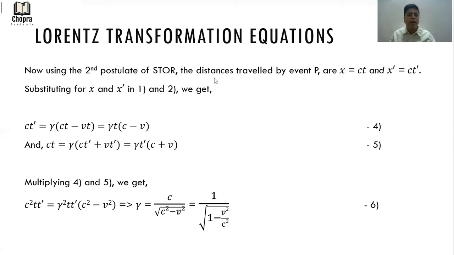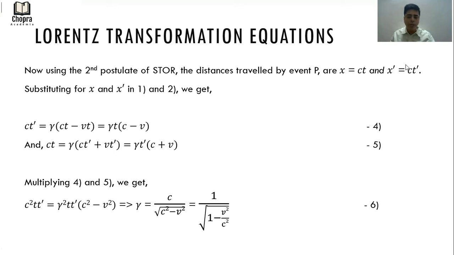Now this is entirely possible due to the consideration of the second postulate of STR, which says the principle of constancy of light. So you see carefully, I have not written c't' here in the x' value. I have written both to be c, because the speed of light remains same with respect to all inertial frames of reference. Okay, so I have x equal to ct and x' equal to ct'.